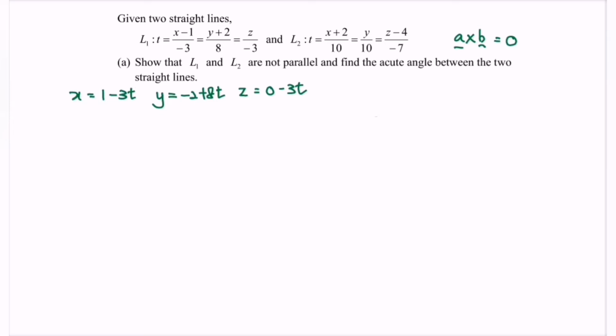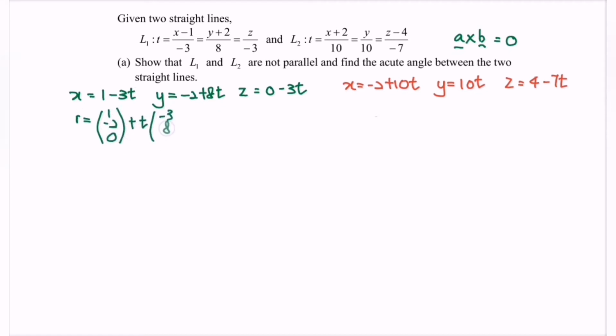Focus on L2. Here we have x equals negative 2 plus 10t, y equals 10t, z equals 4 minus 7t. So that is the parametrics. Then from there, we can have the vector equation r equals (1, -2, 0) plus t(-3, 8, -3).